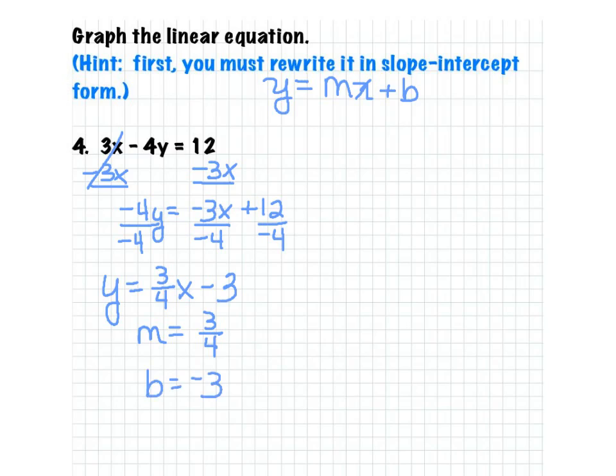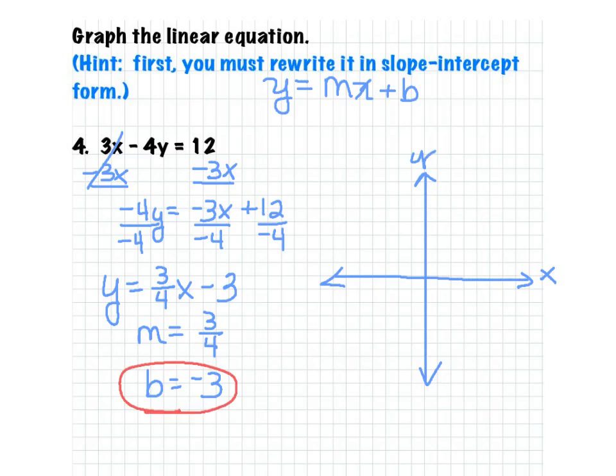Now that you know the slope and the y-intercept of this equation, graphing it is very simple. So let's first go ahead and draw our coordinate plane. Here's the x-axis. Please always label them. And there's your y-axis. We're going to start by graphing the y-intercept.